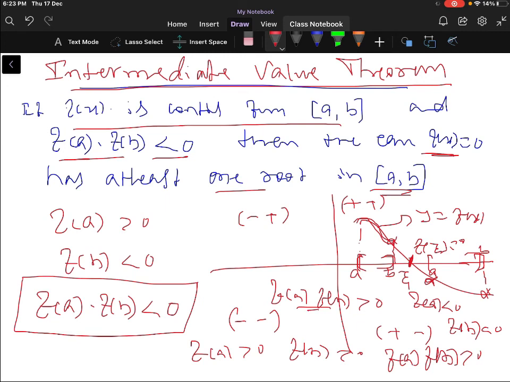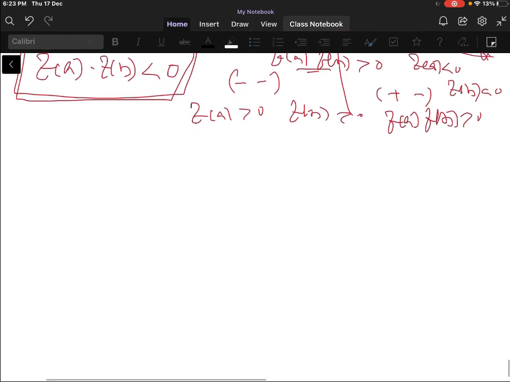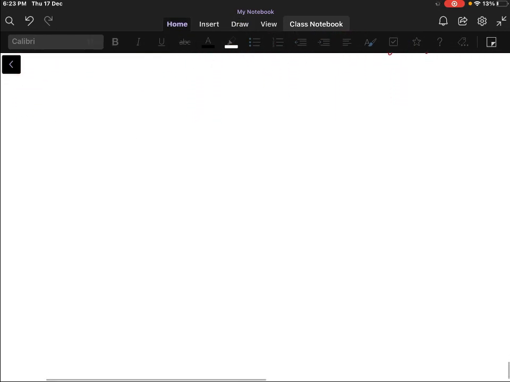Because where is the root? The root is here. At this point we have a root of the equation f of x equal to 0. Therefore, if there exists a root between the interval ab, then f of a and f of b must be of opposite sign, with negative product. Let us take an example.